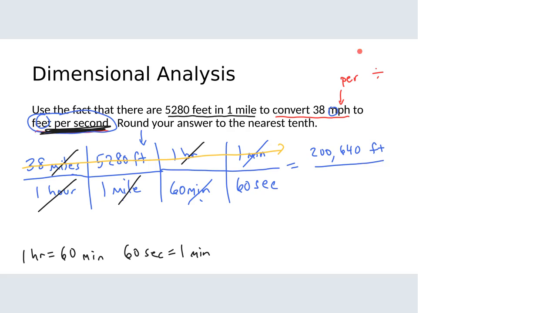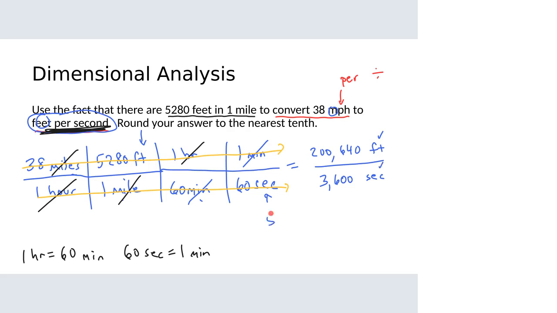And then on the bottom, I need to multiply all those together. And let's see, I'll have 1 times 60 times 60 is 3,600. And the units I have down there are seconds. My units are great. They're exactly what I wanted. Feet per second. The only thing left for me to do here is divide 200,640 divided by 3,600.